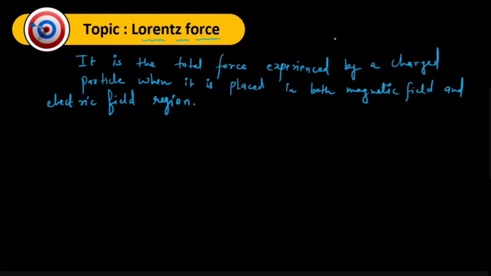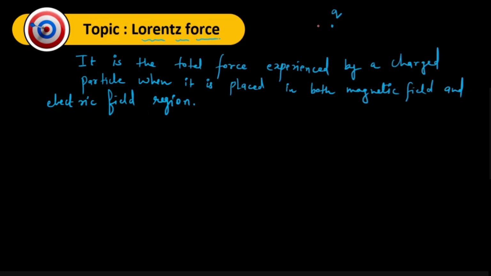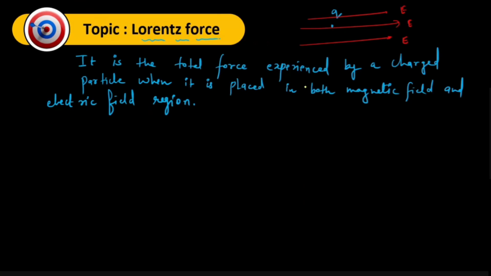So suppose there is a charged particle, small q, and it is placed in an electric field as well as a magnetic field, like this.